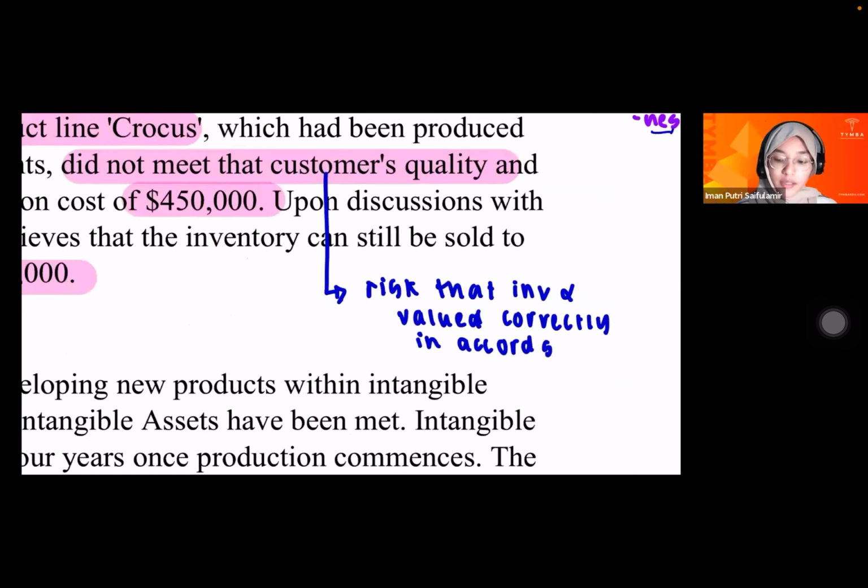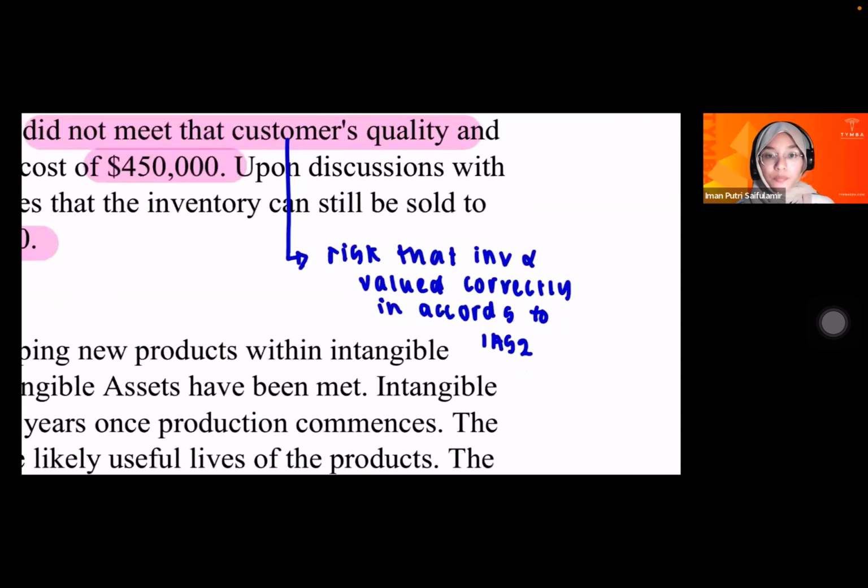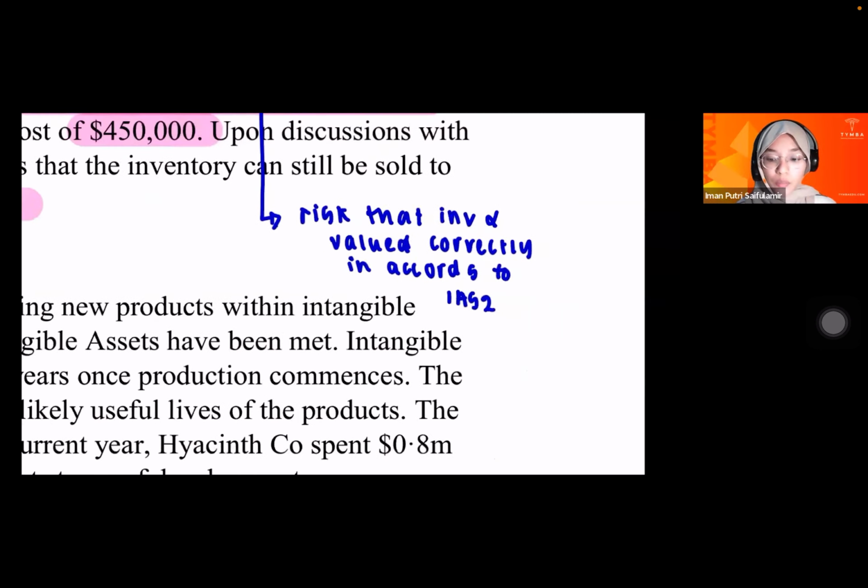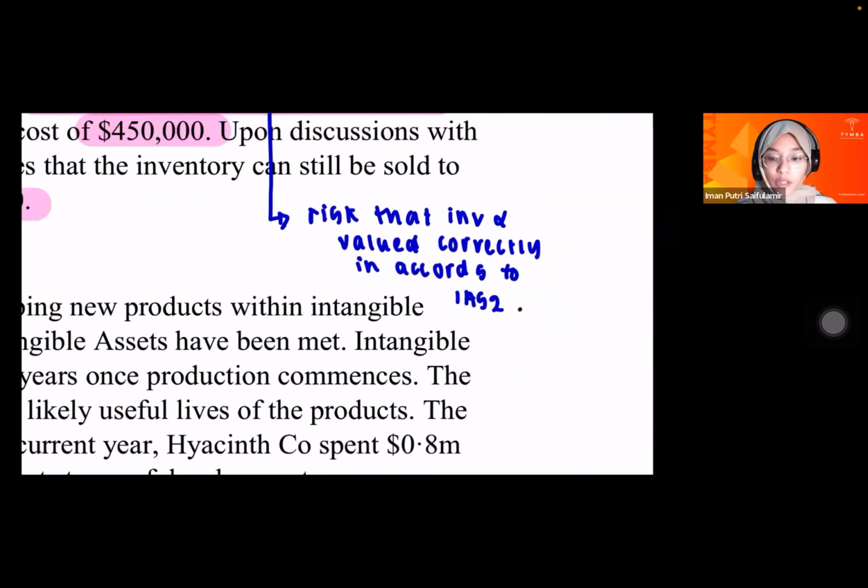Again, what does IAS 2 state? Inventory should be measured at the lower of cost and NRV. So right now, we want to confirm this. What kind of audit procedures can we do to confirm this, guys? Go back to what this IAS 2 states.